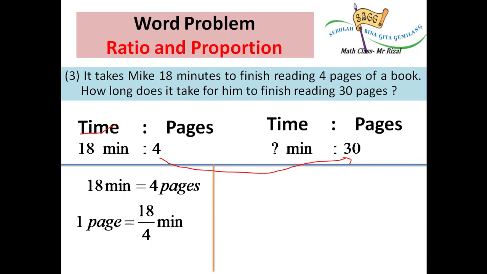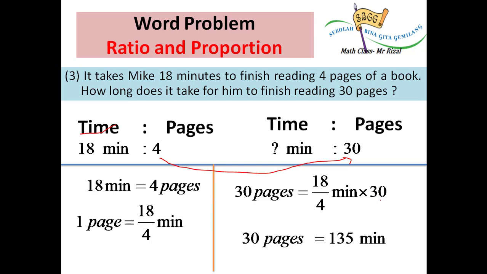What's the question? 30 pages. So 30 pages is 18 out of 4 minutes times 30. Okay, if you multiply them, we can get 135 minutes. Okay, is it clear?